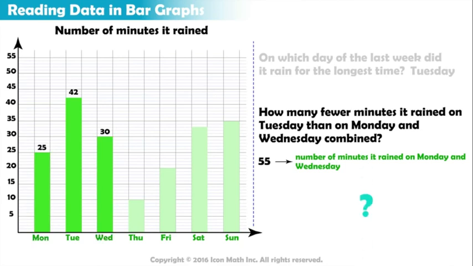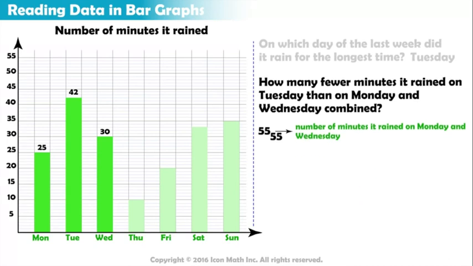But how many fewer minutes? To find out, we calculate the difference in time between 55 and 42. 55 is 50 plus 5. And 42 is 40 plus 2. So we subtract 40 from 50.